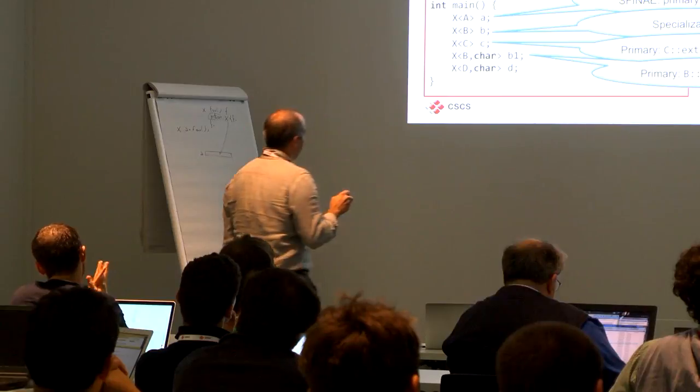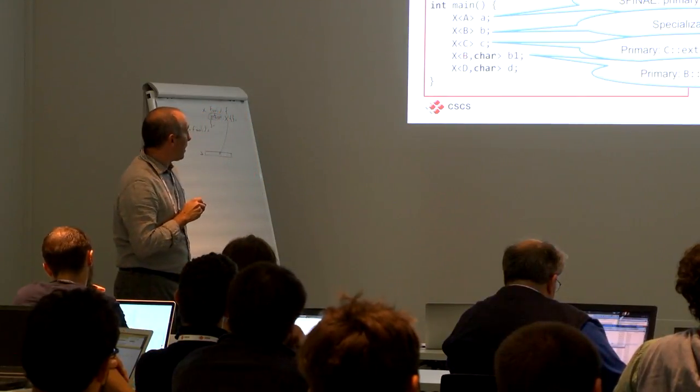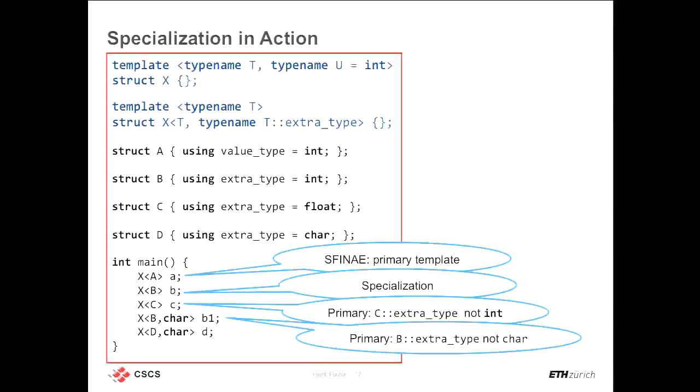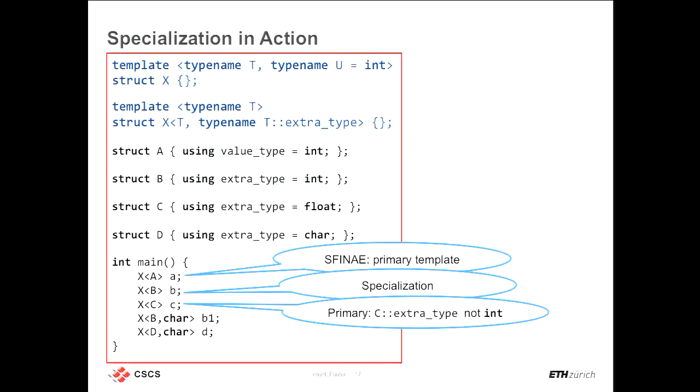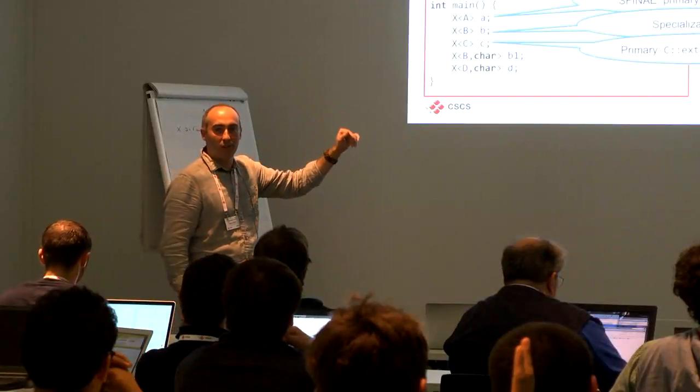This should make things clearer, because now if I want B and char, what happens? But what happens in this case? So B and char. Let's try to apply the reasoning. Who's for the primary? Who's for the specialization?